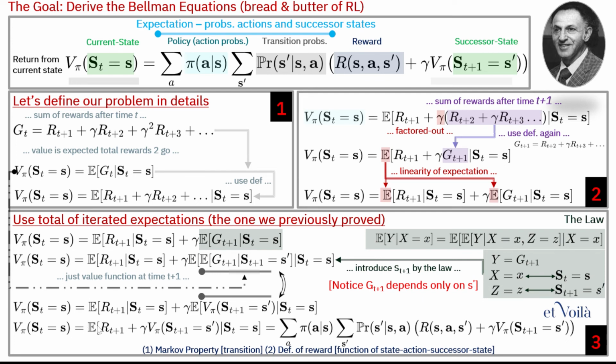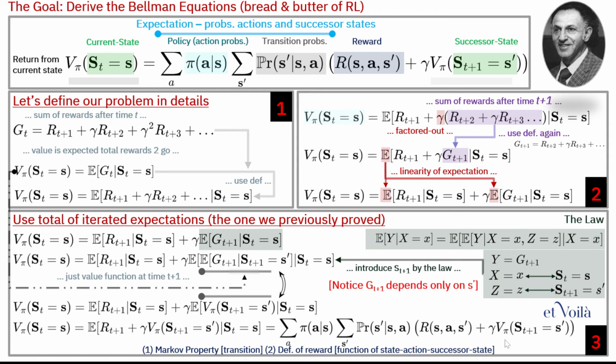Now, this expectation, as we said, is over the action and over the MDP, which means now we can write it as the summation over the probability of taking an action, which is given by pi or the policy, and then the probability of being in a successor state conditioned on a state and an action. And we, of course, sum that over all possible successor states.